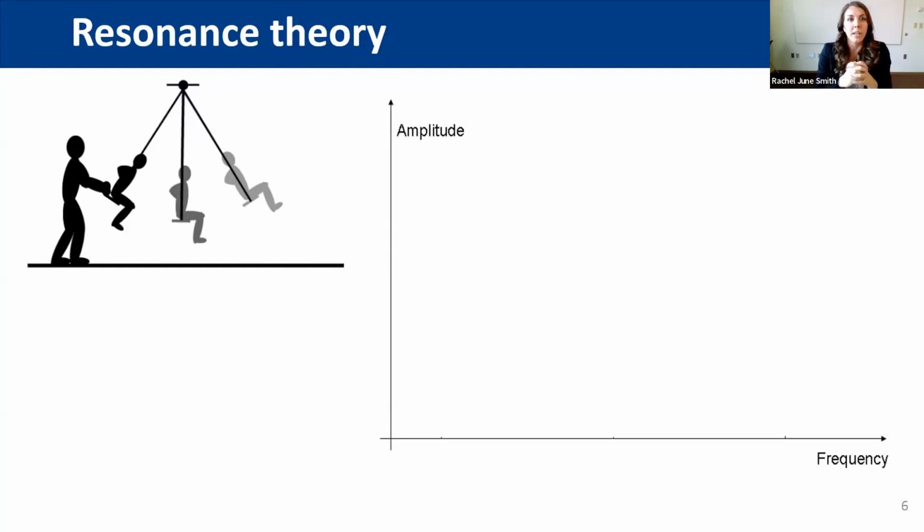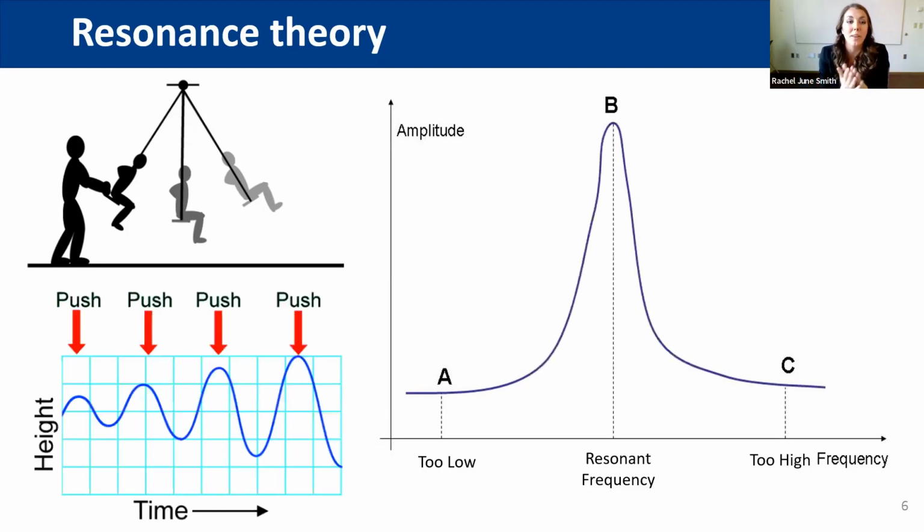If we analyze the amplitude of the swing, so how high the kid is going to go, as a function of how hard or at what frequency we push them, right? If we push them too slow, they're going to come back to equilibrium at the bottom and they're not going to go very high, right? And if we push them too fast, they're not going to swing very high either, right? But if we push them at exactly the swinging frequency, what we're going to call the resonant frequency, the amplitude of their swing can go higher and higher and higher, right?